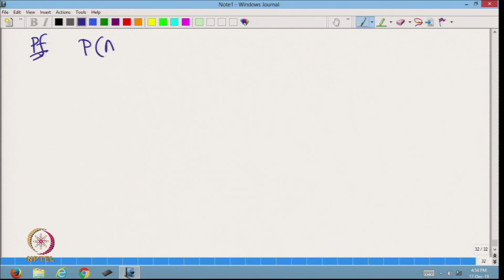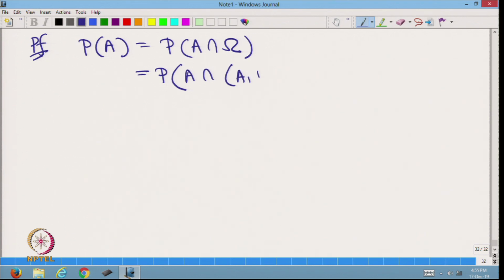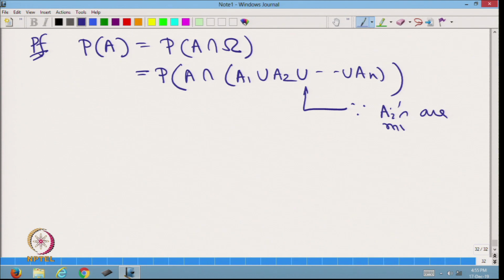Probability of A is equal to probability of A intersection omega, which is equal to probability of A intersection (A1 union A2 union ... union An). This is possible since the Ai's are mutually exclusive.